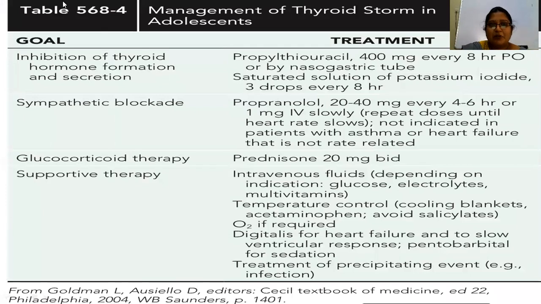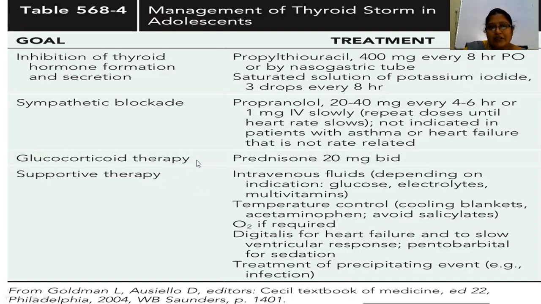Then coming to management of thyroid storm in adolescents. To inhibit thyroid hormone formation and secretion, we have to use propylthiouracil 400 mg. And to give a sympathetic block, we use propranolol at a dose of 20 to 40 mg every 4 to 6 hours, or 1 mg IV slowly.